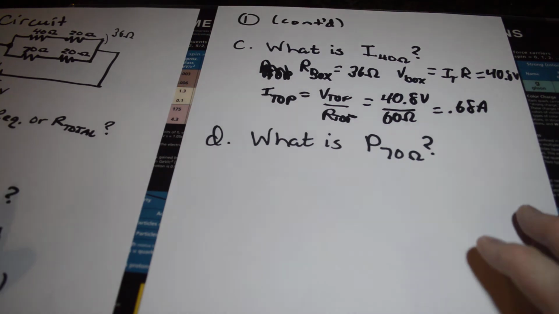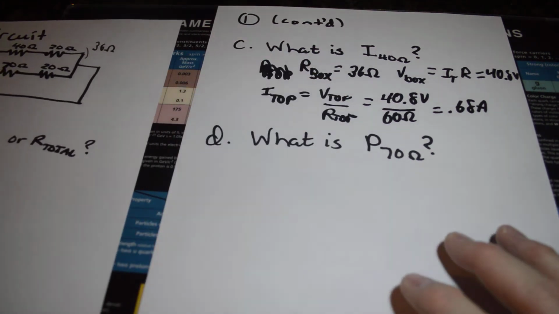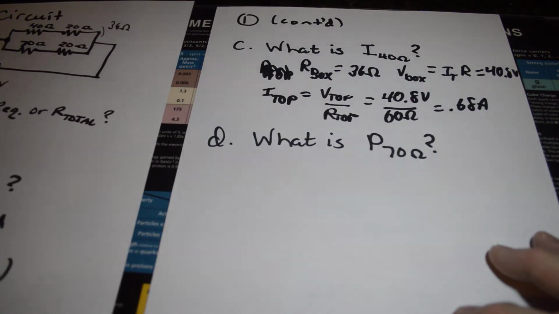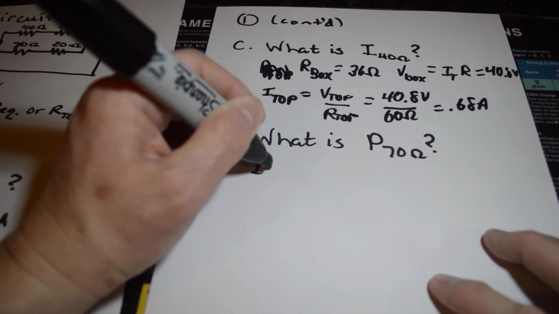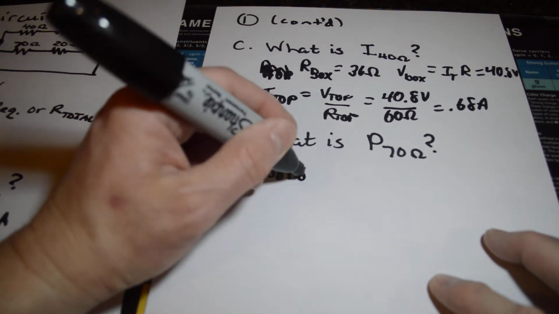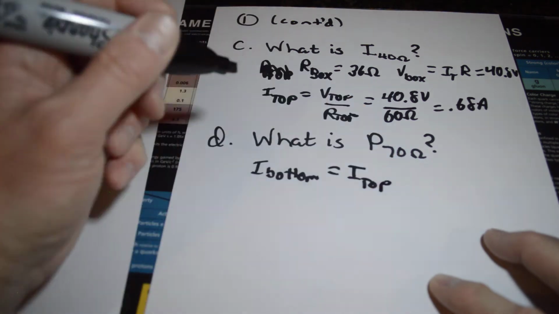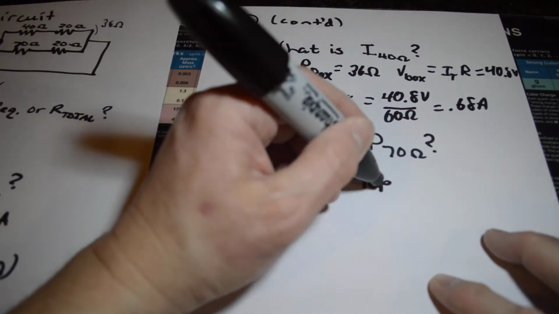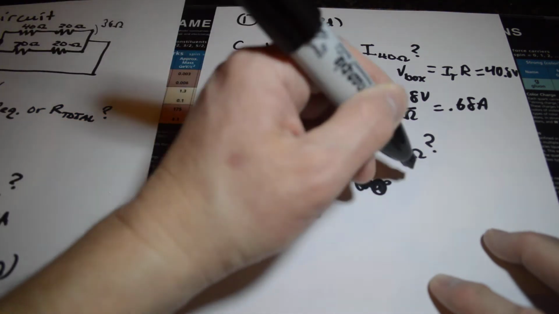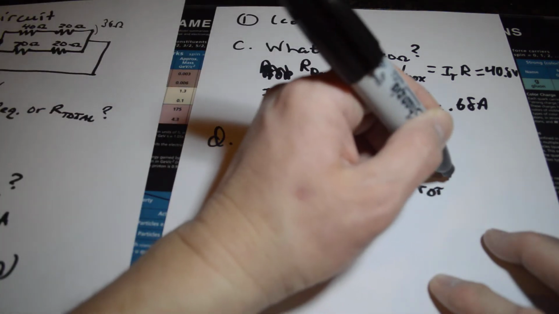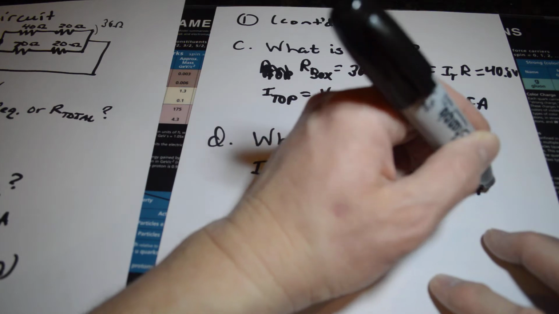The last step would be find the power dissipated in the 70 ohm resistor. Again, the 70 is now on the bottom. I think if you want to know the current in the bottom, would it not be true that that would be the total current minus the current in the top?